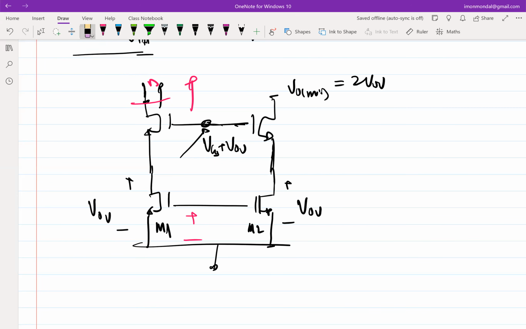Fine. So let's assume that we have this current source here. Now we need to ensure that this voltage is still 1 VGS. If you recall, when we initially came up with the diode connected transistor equivalent, how did we argue?